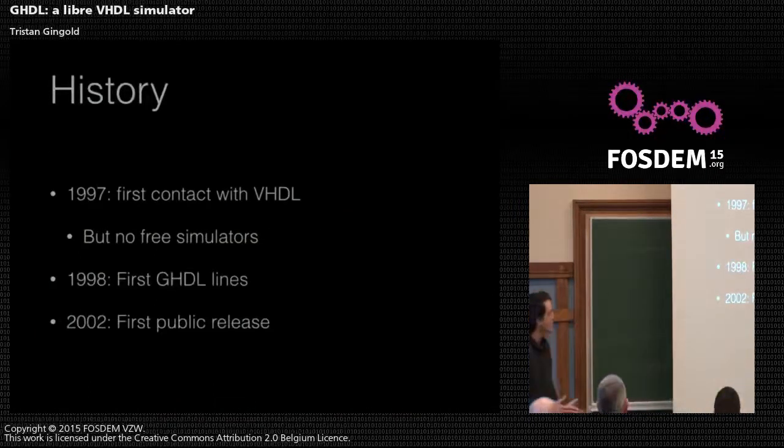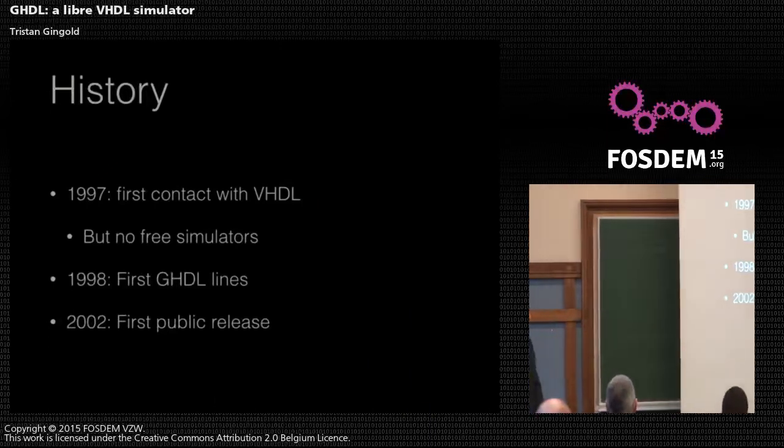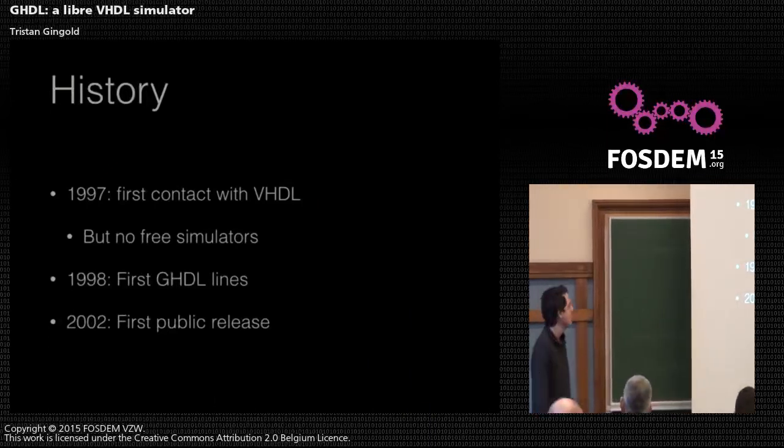So the history of the project is quite simple. My first contact with the language was in 1997, and at this time I was using tools from FPGA vendors, and there was absolutely no free simulator.